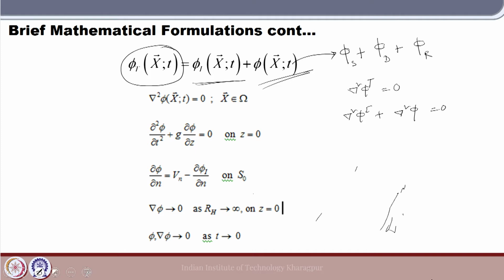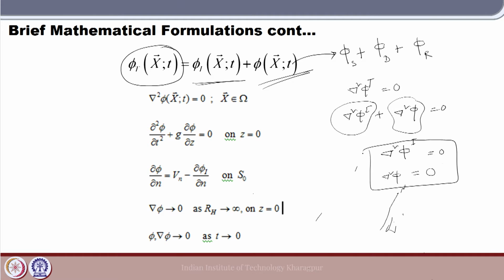Under linearity, the assumption is that each of the components should be equal to 0.